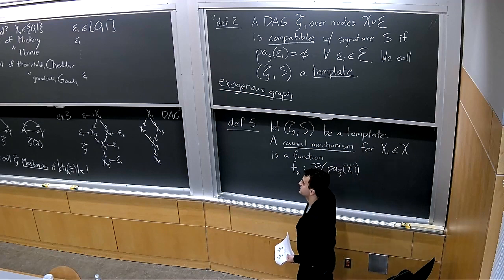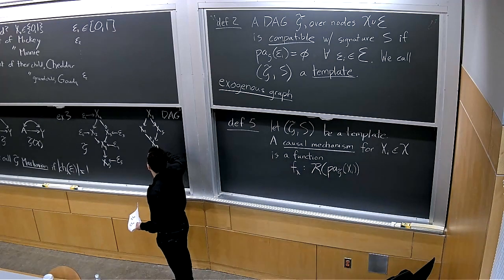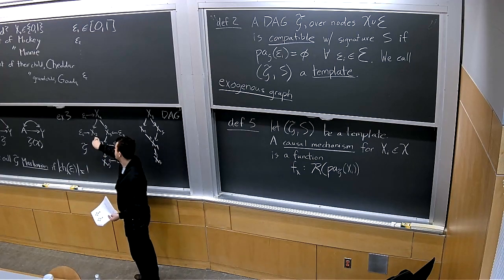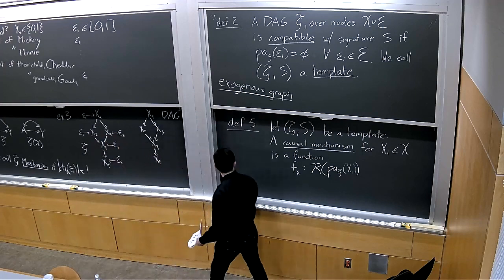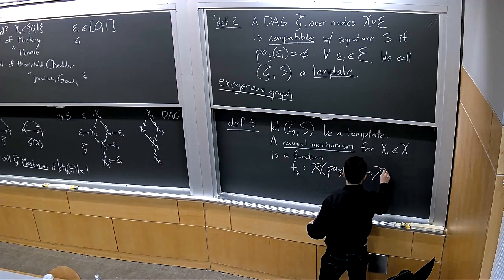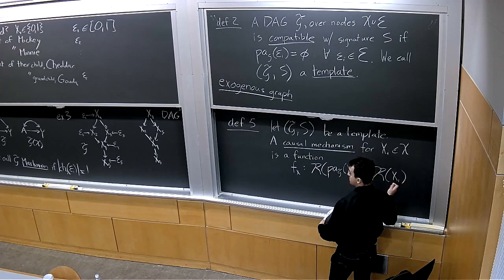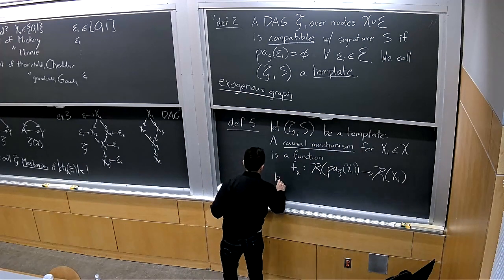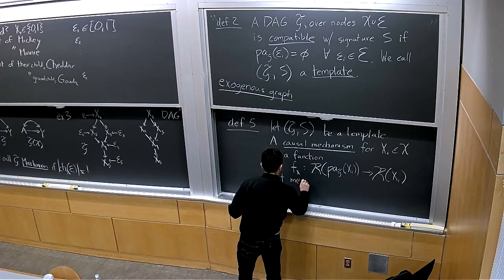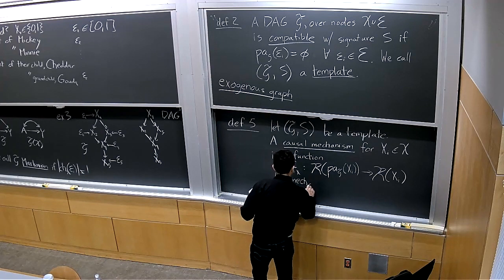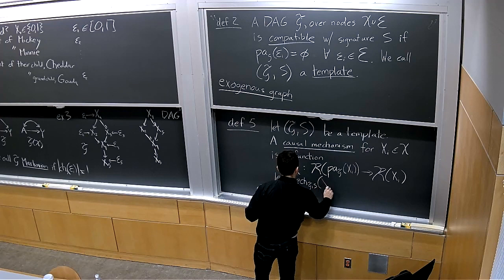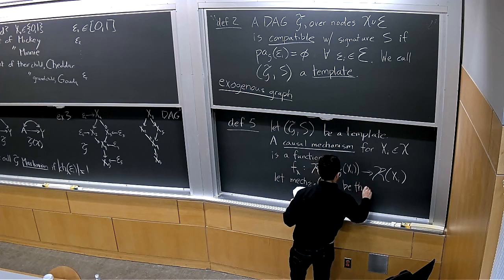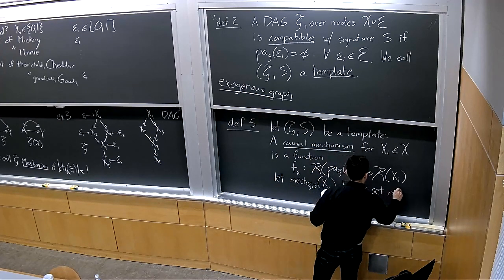So if I have, in this case, say for x4, we want a function from real values, and say real values, and it outputs another real value, so something that's in the range of that variable. And then we're going to let mech of g tilde s of xi be the set of all such functions.